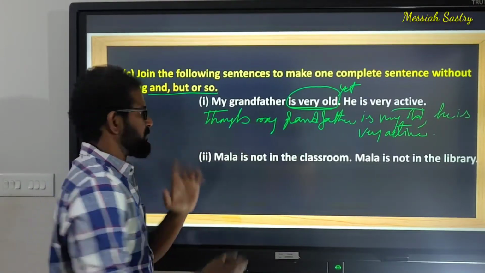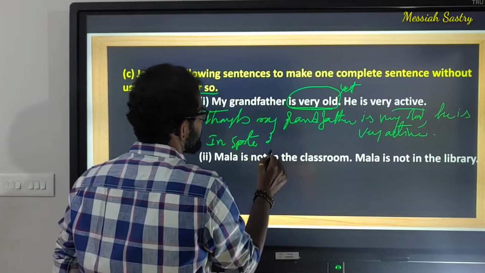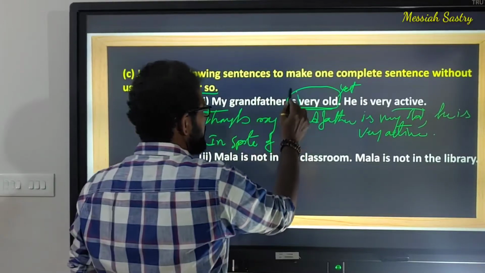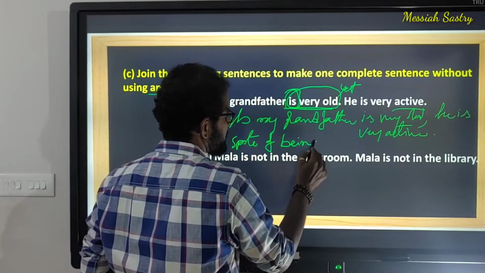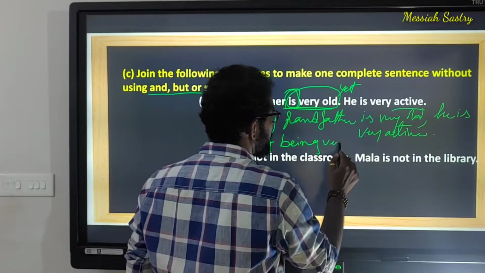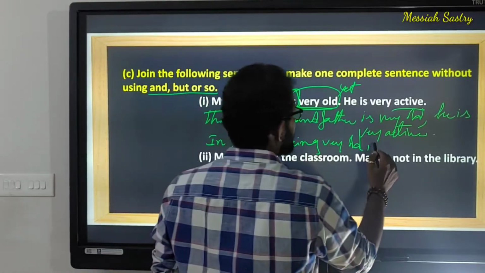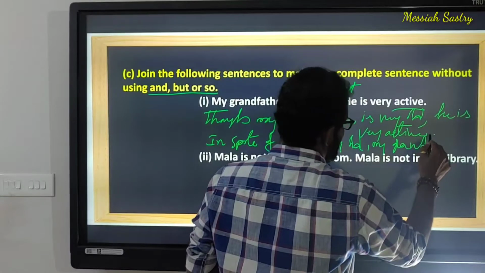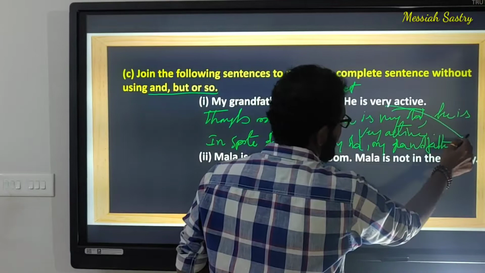Let us see writing with in spite of. Now let us see whether there is a be form or verb. Here is a be form, is. If there is a be form, we are supposed to write being. In spite of being very old, my grandfather is very active.